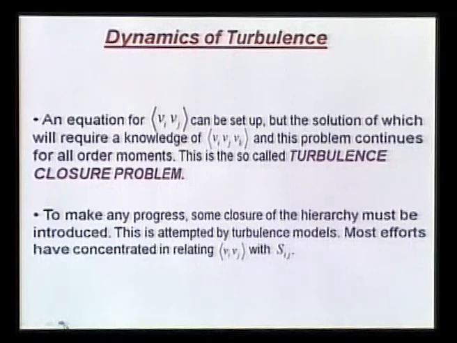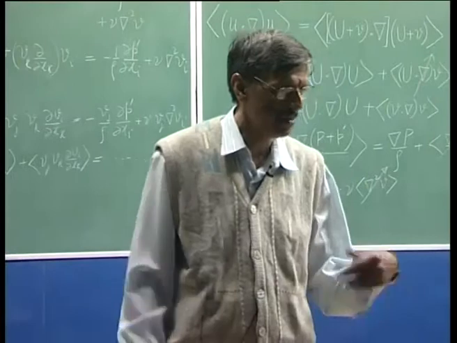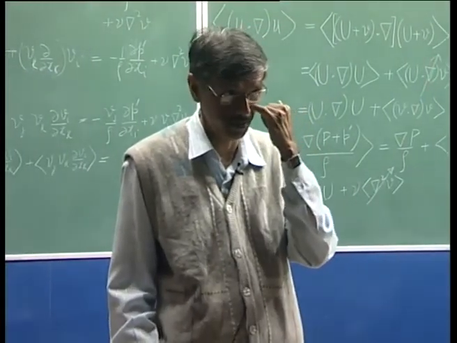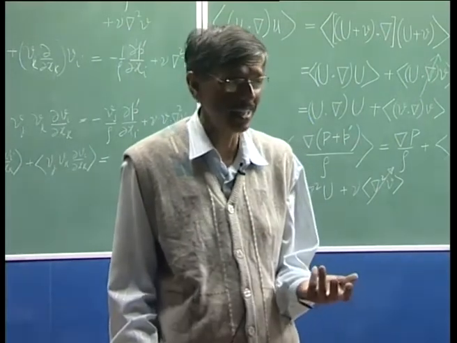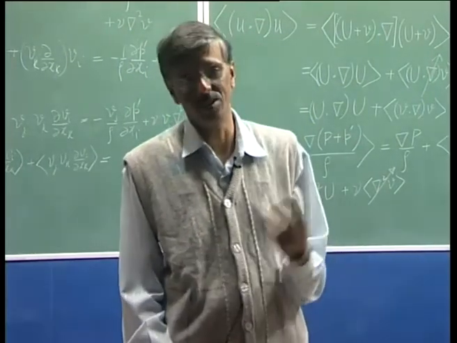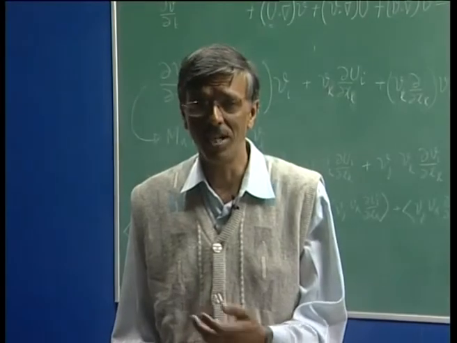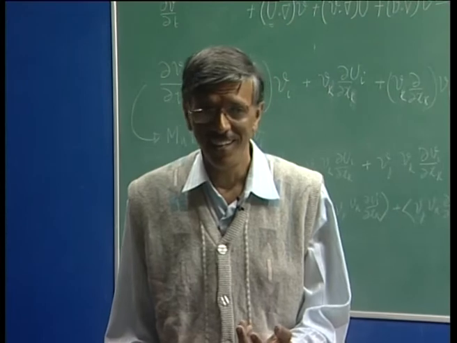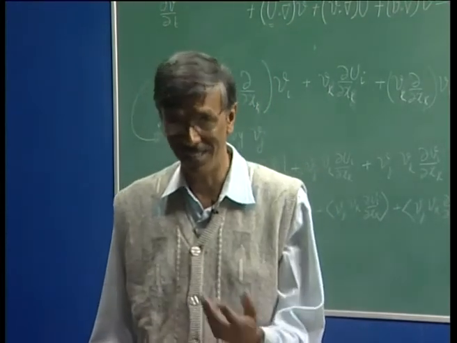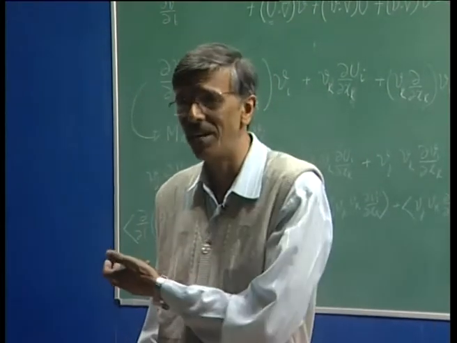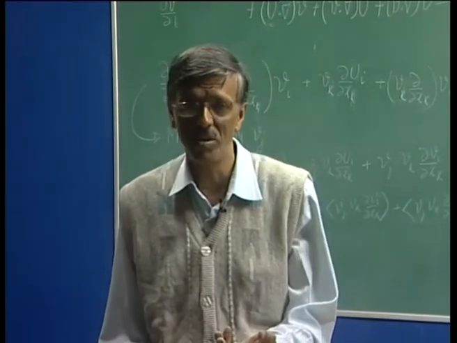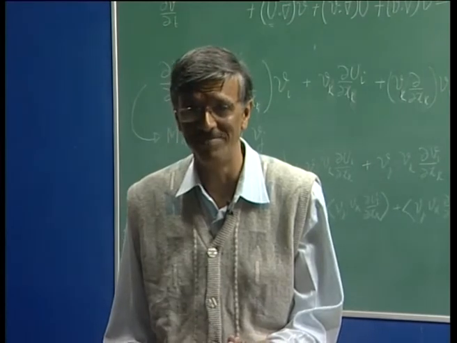It is not a very happy situation. When I was looking for the first moment equation, that is what our RANS equation was, isn't it. In writing the RANS equation, we had understood the need for modeling the second moment, that is the Reynolds stress, and when I try to write down an equation for Reynolds stress, I need information on the triple correlation term.